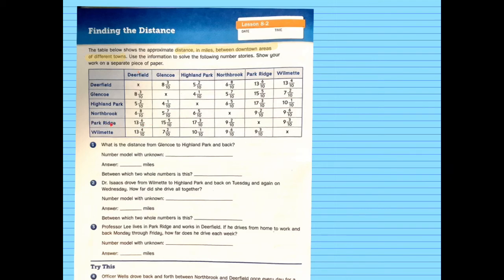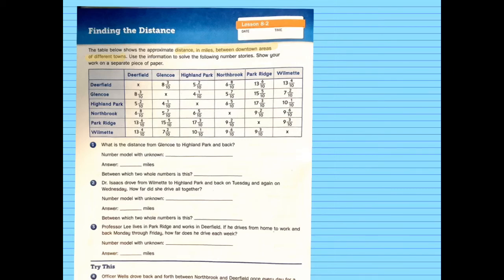So from Park Ridge to Deerfield, 13 6/10 of a mile. Northbrook to Northbrook. They're the same town. That's why it's blank. So what about Northbrook to Highland Park? You go over till you get to the Highland Park section. 6 5/10 of a mile. Okay, that's important to know how to actually read your chart before you start jumping in and doing the math problems. So, now that you've got a good idea of how to read this, let's look at number 1 together.